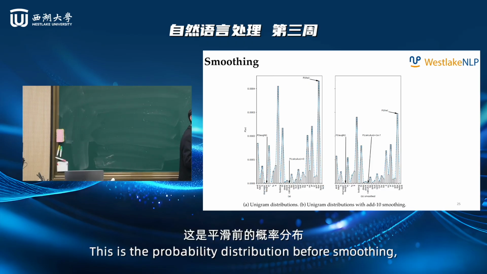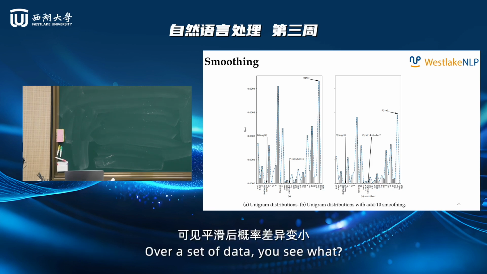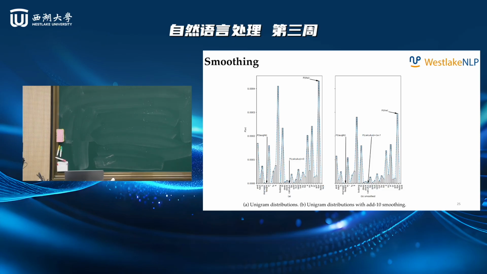So this is the probability distribution before smoothing. And this is the probability distribution after add 10 smoothing over a set of data. You see the difference between the probabilities is smaller, right? This is more sharp. This is more smooth. That's why it's called smoothing.